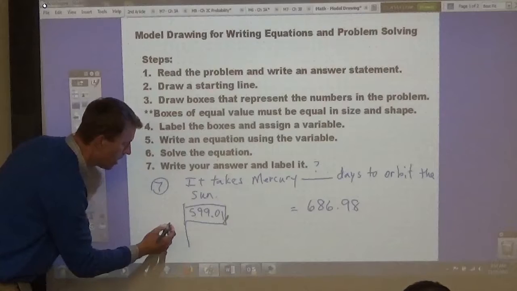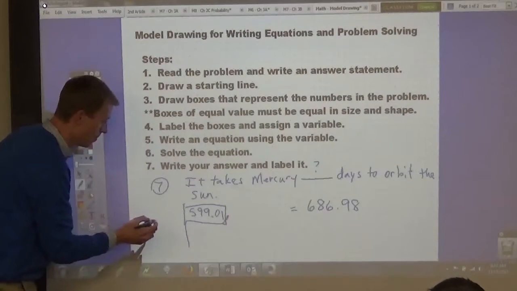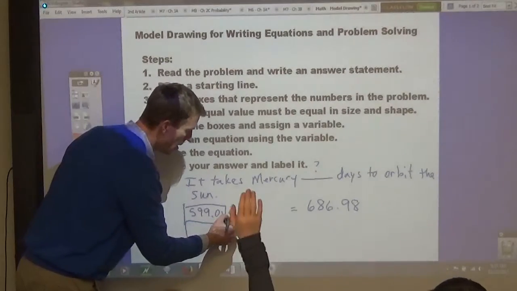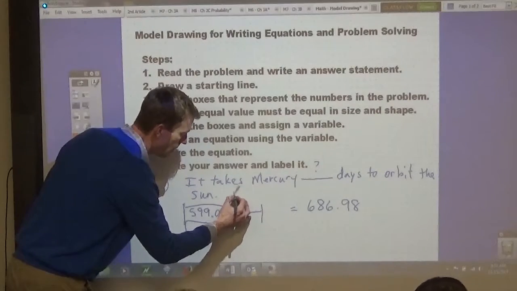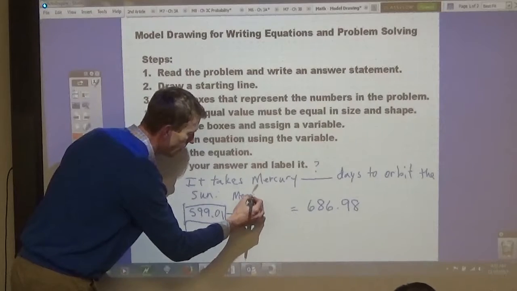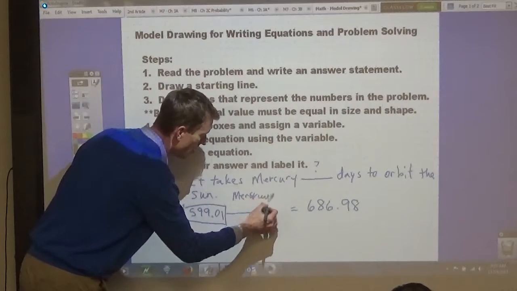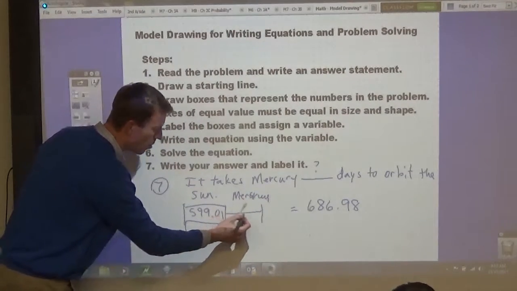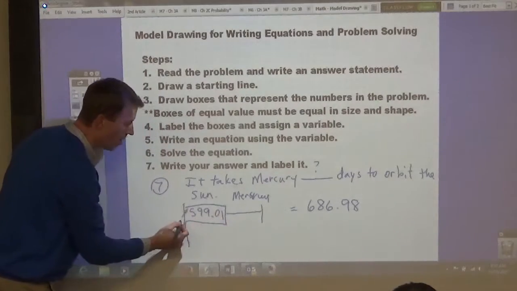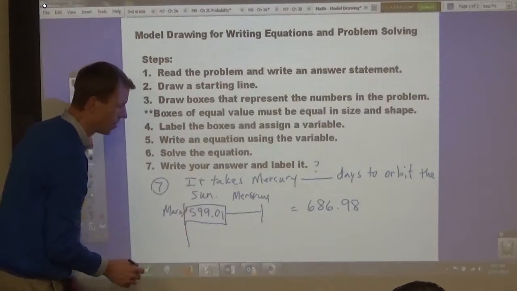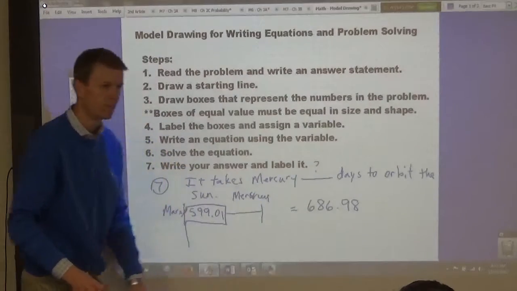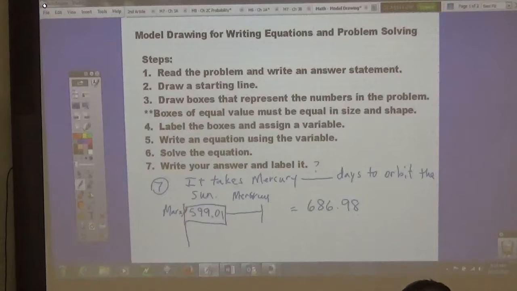So we have to have like a line here that is Mercury. So Mercury plus Mars equals 686, is that right? Is that right?